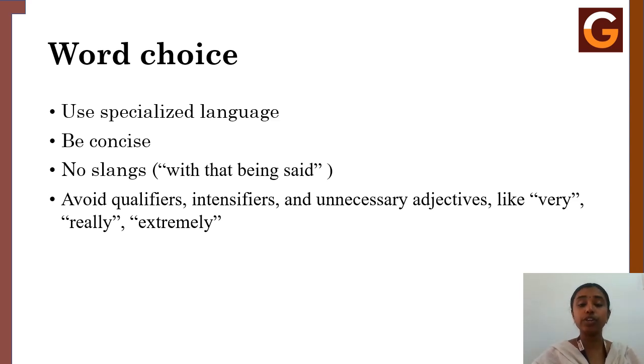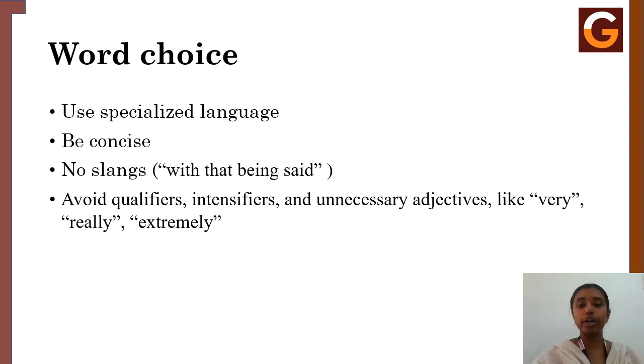And no slangs. An example is "without that being said" or "try just to make you understand." These are where you beat around the bush to convey things instead of conveying them directly. This is where slangs have to be completely avoided. And the other one is to avoid qualifiers and intensifiers.